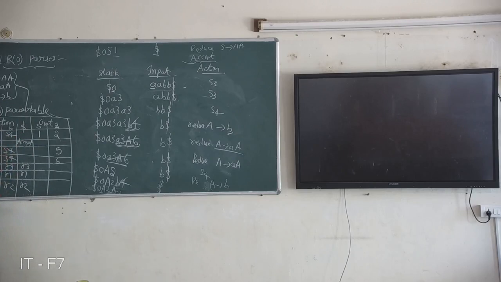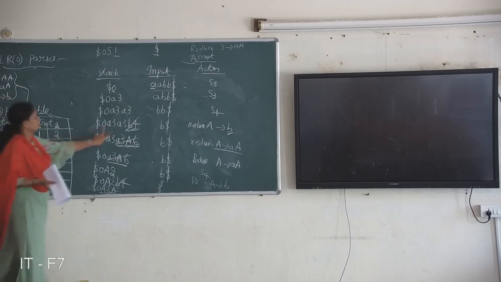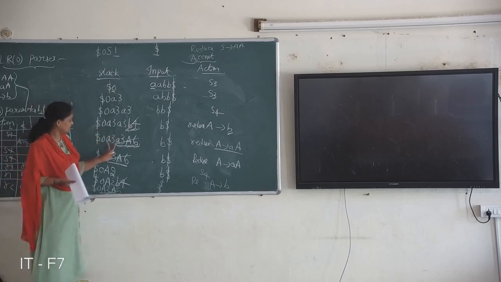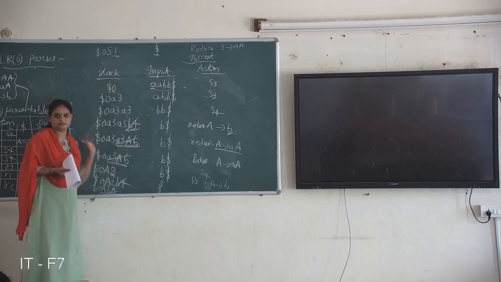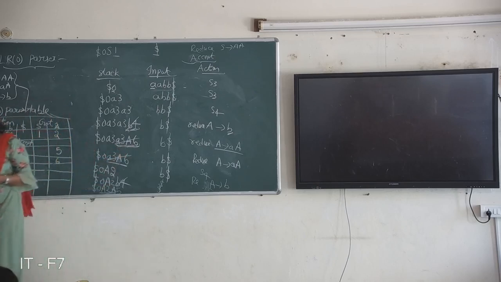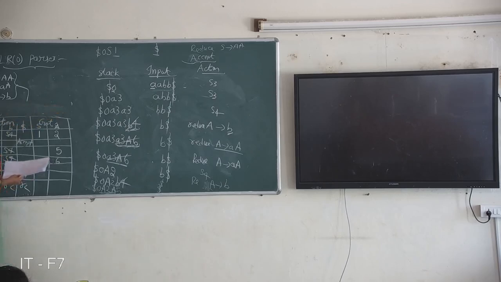You can perform reduce actions with a particular production and shift actions. Every time, check that between any two terminals or non-terminals there is a state number. Those are all state numbers. Okay. Note down one grammar and try to draw the parser table for it.